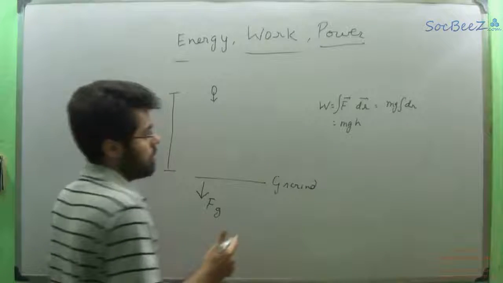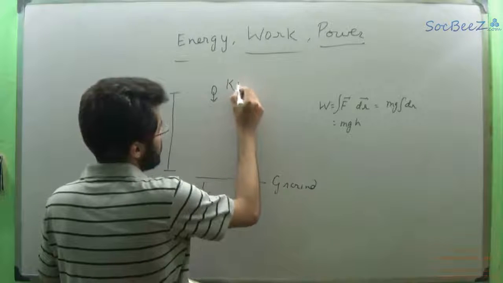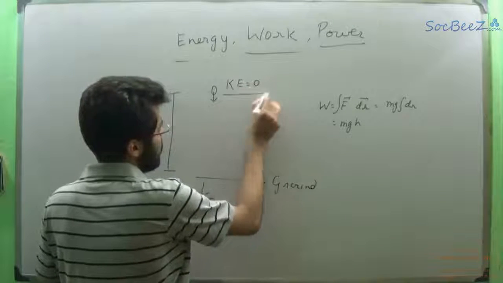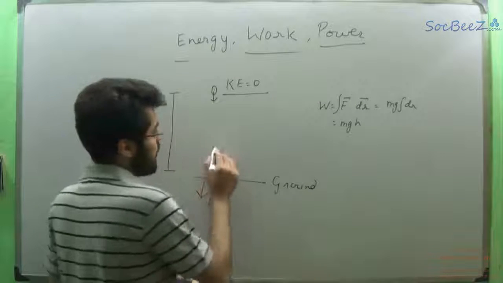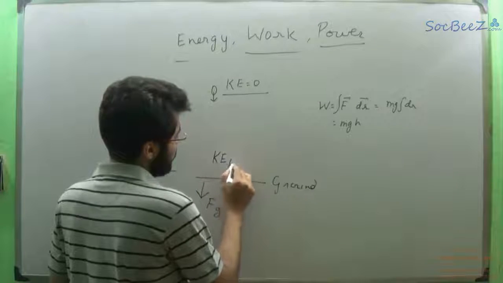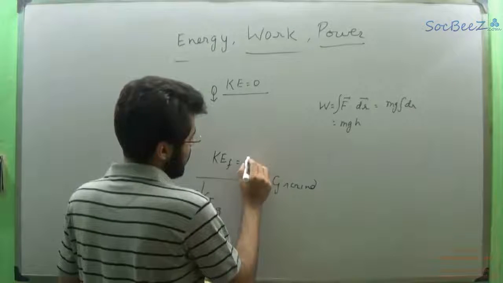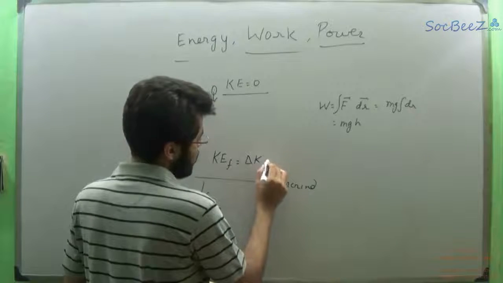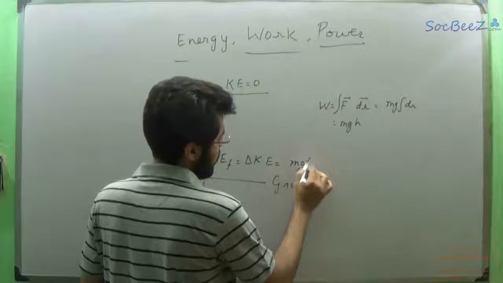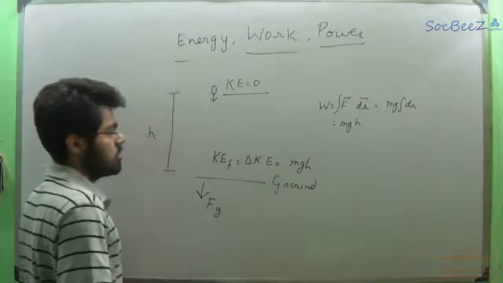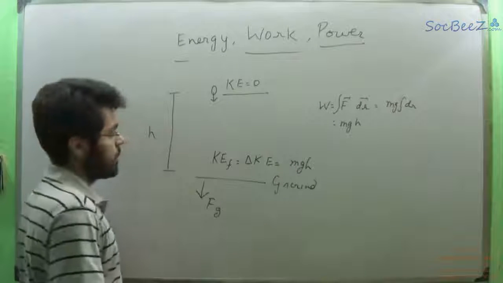Now from work energy theorem, the initial kinetic energy was what? 0. Object was at rest. So what should be the kinetic energy final? That will be just delta kinetic energy. That will be just work done, mgh. Very simple to understand.